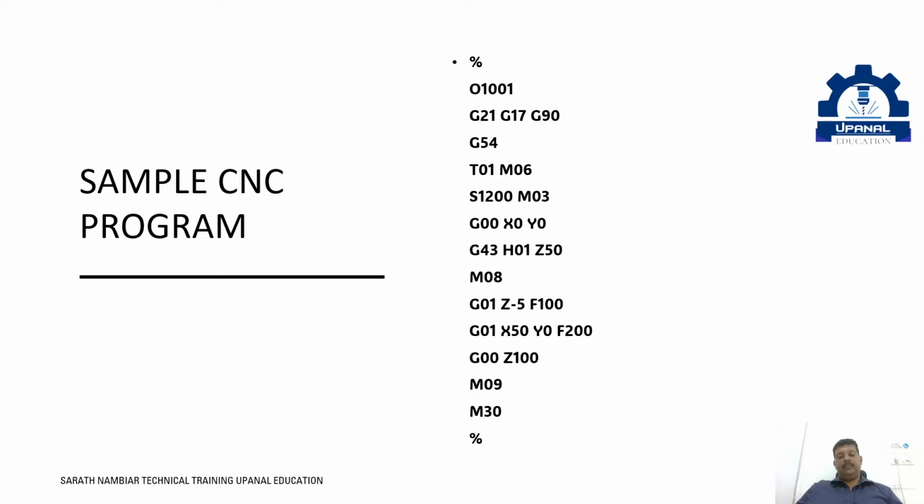On this page, you can see that at the start and end, we have a percentage symbol. Then we have O1001, we have G21, the third line, fourth line, fifth line, sixth line. We'll go through each of these lines and explain what they are.